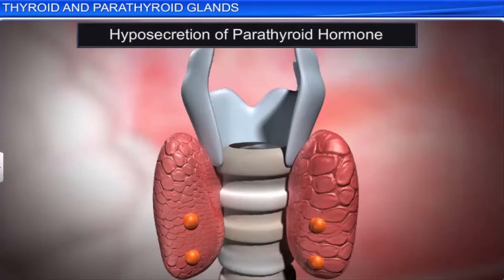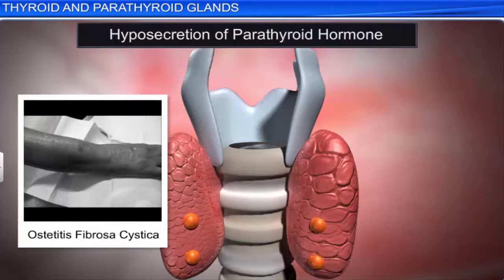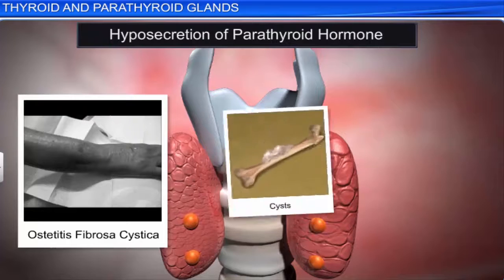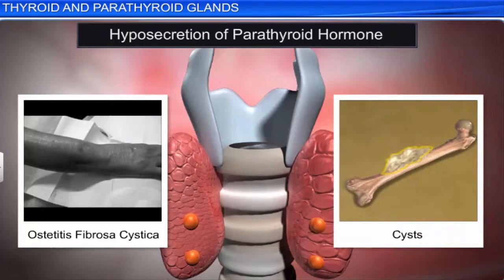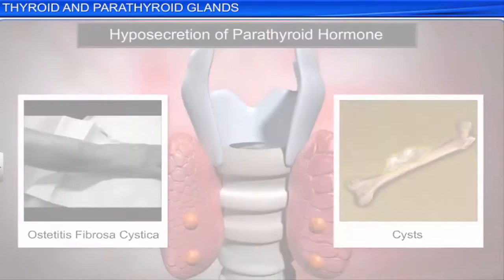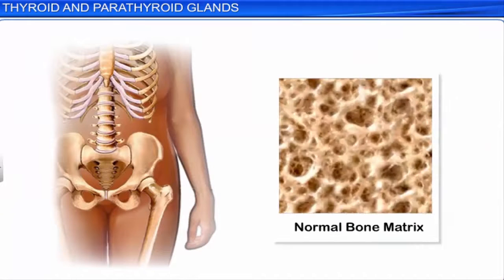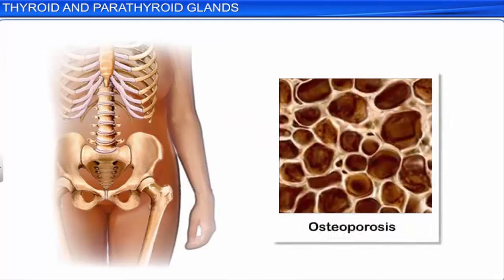On the other hand, hypersecretion of the parathyroid hormone causes a skeletal disorder called osteitis fibrosa cystica. This disorder replaces normal bones with cysts and fibrous tissues, and it causes the destruction of bones, also known as osteoporosis.